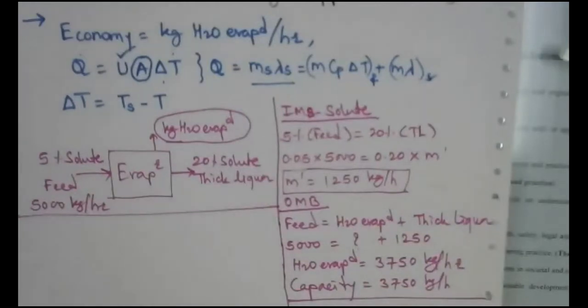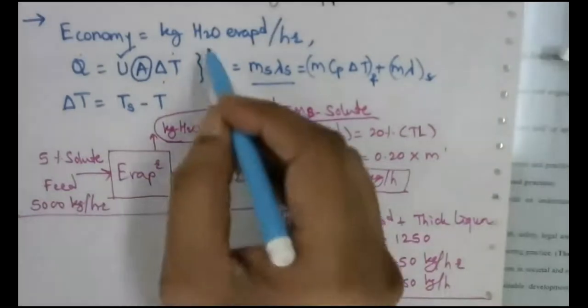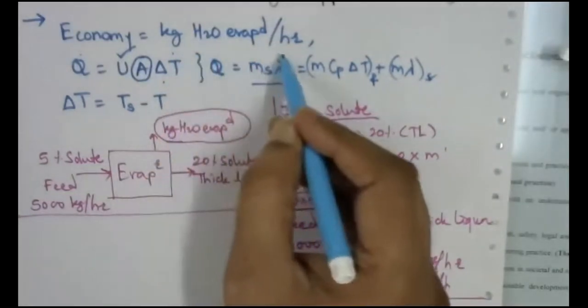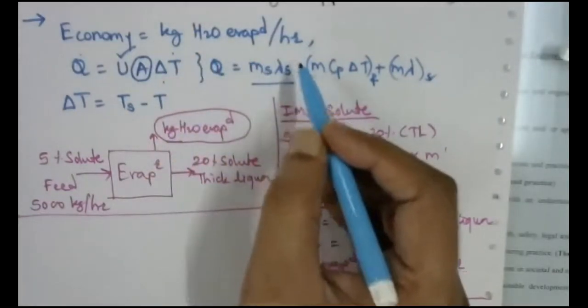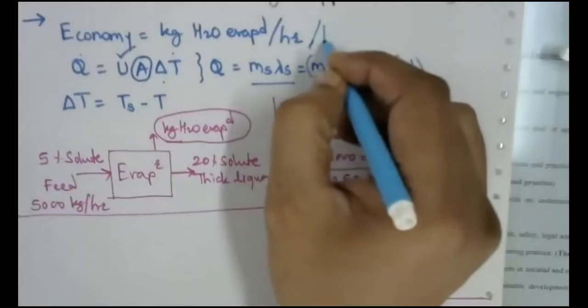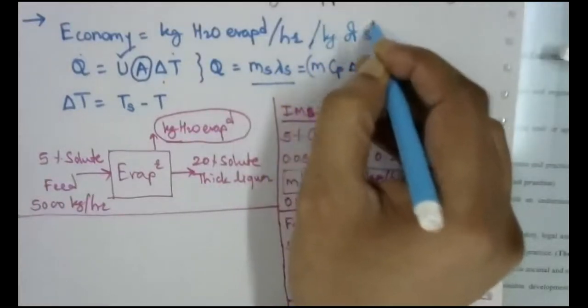So for the calculation of economy, because actually I have written here kg of water evaporated per hour, that is the capacity, per kg of steam fed.